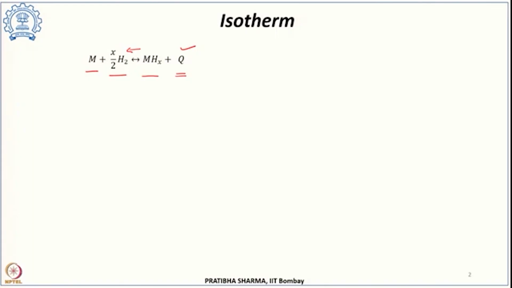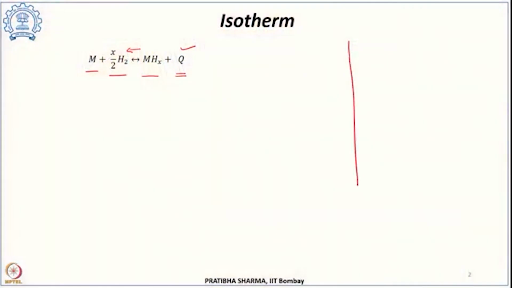For this reaction, the thermodynamic aspects can be considered by drawing the pressure composition isotherm, where the pressure of hydrogen is plotted against hydrogen concentration, which could be H by M. In that case we can see that there are different regions in the curve.